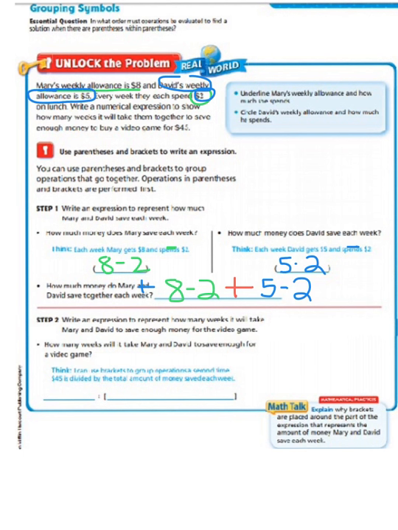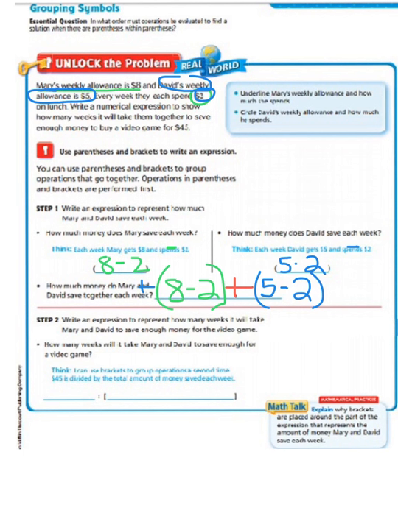Since we need to group those, we're going to add our parentheses around the 8 and the 2 and around the 5 and the 2 because we want to subtract before we add. To make sure that we subtract before we add, we need to put them in parentheses, or else the problem would get worked left to right.